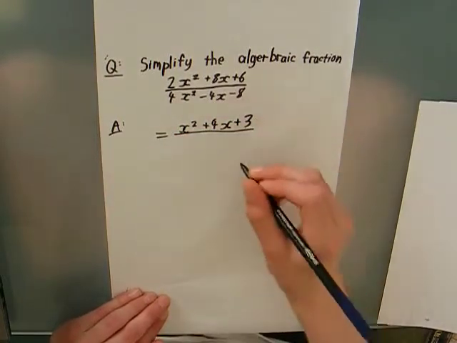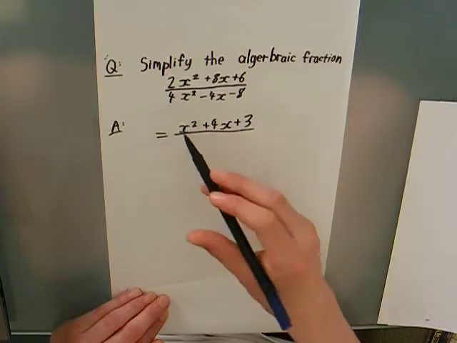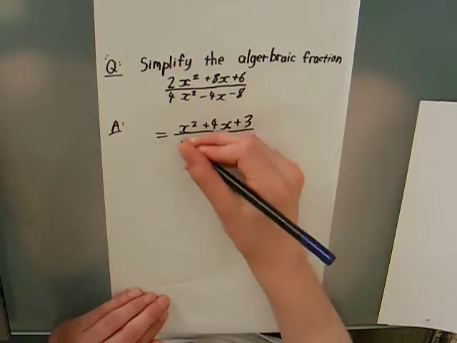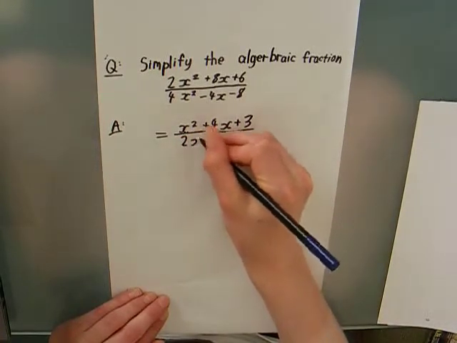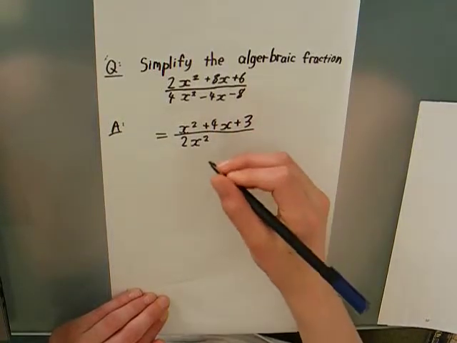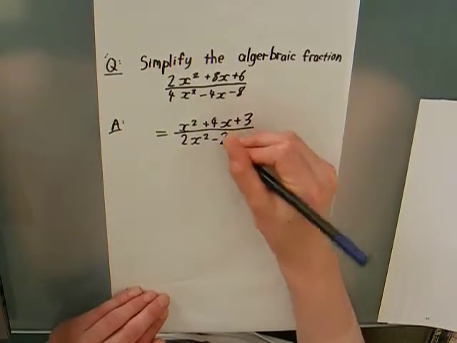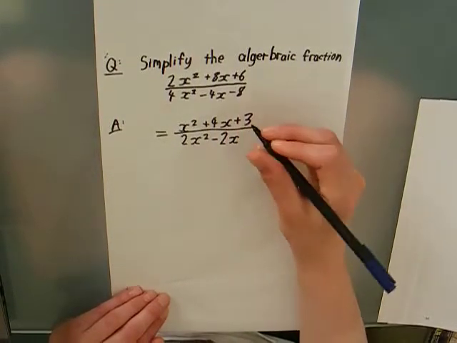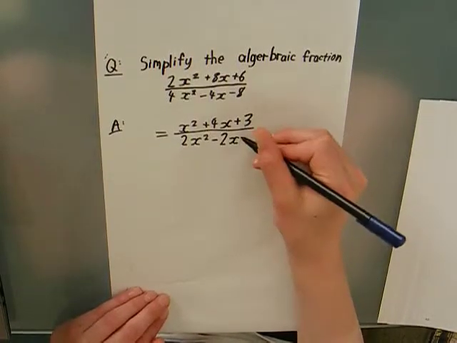And then remember, all over, and you've got the denominator, 4 over 2, that's just 2, so 2x squared. And 4 over 2 is 2, so minus 2x. And then minus 8 over 2, which is just 4, so minus 4.